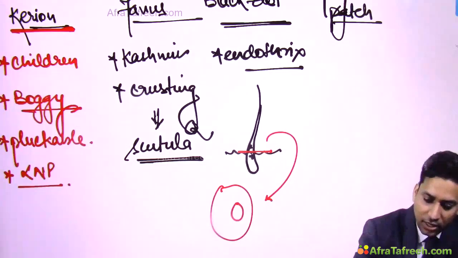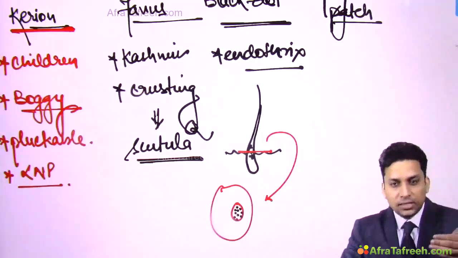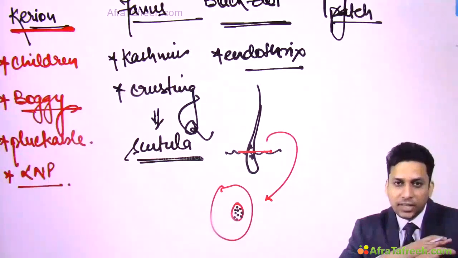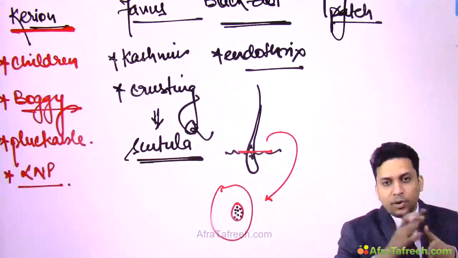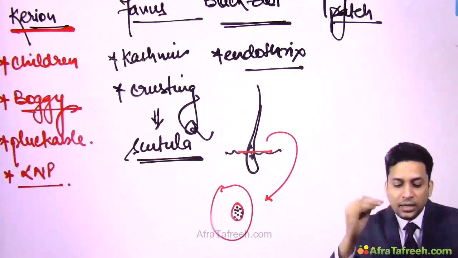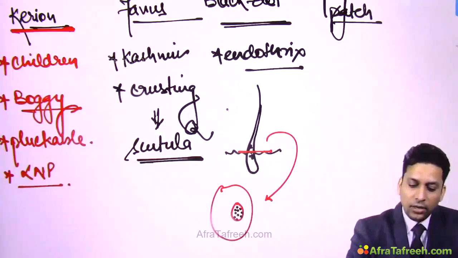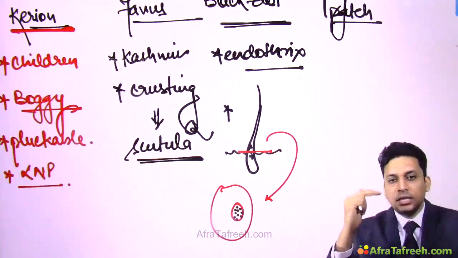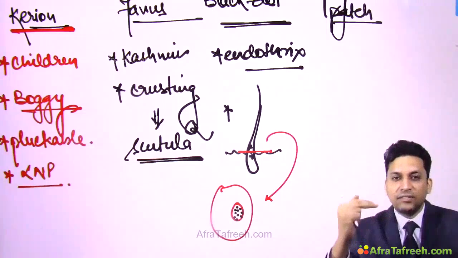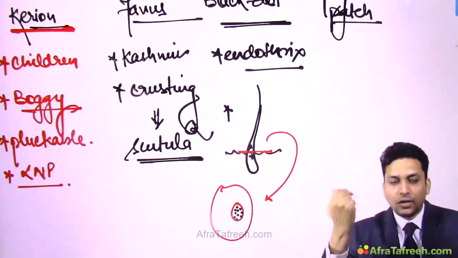This is the site from where the hair follicles are breaking, and in this site you will get multiple black dots, isn't it? What are these black dots? These are those broken hair follicles, because they are breaking just at the level of scalp. So this is the point which you need to remember, that in black dot you can write down: hair follicles break just at the level of scalp, giving black dot appearance. So black dot appearance is seen.